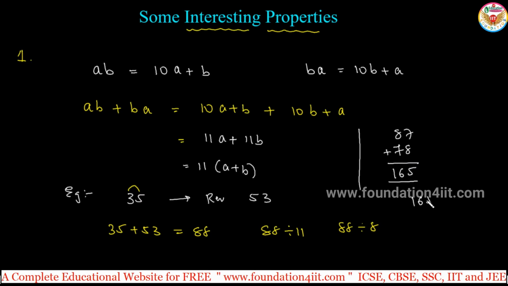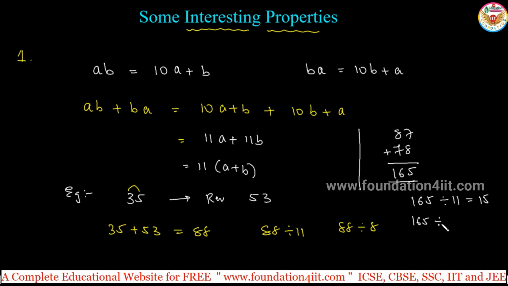Now 165 is always divisible by 11. If you divide with 11, the quotient is the sum of the digits, that is 8 plus 7, 15. Same 165, if you divide with the sum of the digits 15, the quotient is 11, because it is the product of 11 and the sum of the digits. Right? So this is property 1.